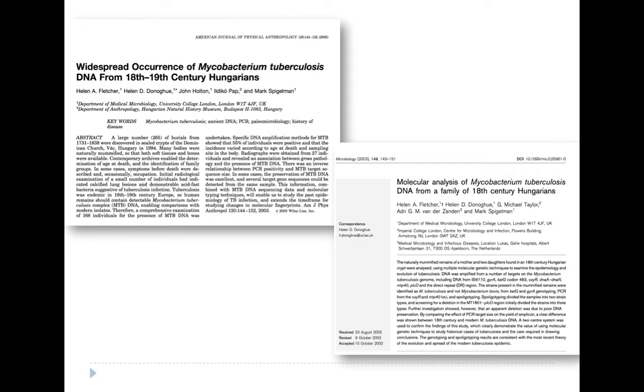And here's another couple of screens. I'm just showing you papers where they had reported that they can amplify TB DNA. They can even show that TB is present, and they can even get a little bit of genotypic data to tell you what kind of TB it was, and to see that there were some differences between different mummies in the collection.